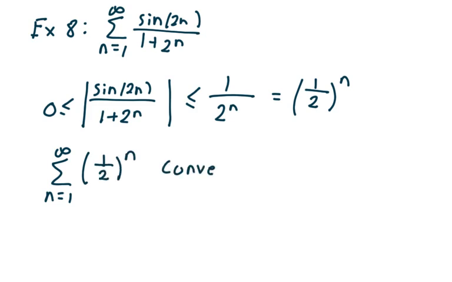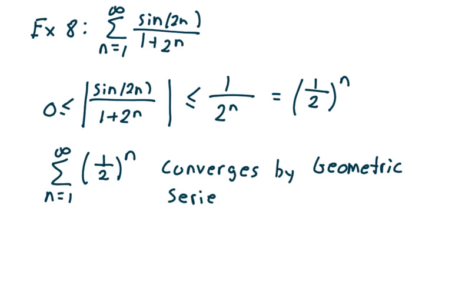This converges by geometric series. You can pick the root test, you can pick the ratio test. The only thing I ask is be right. So it converges by the geometric series test.